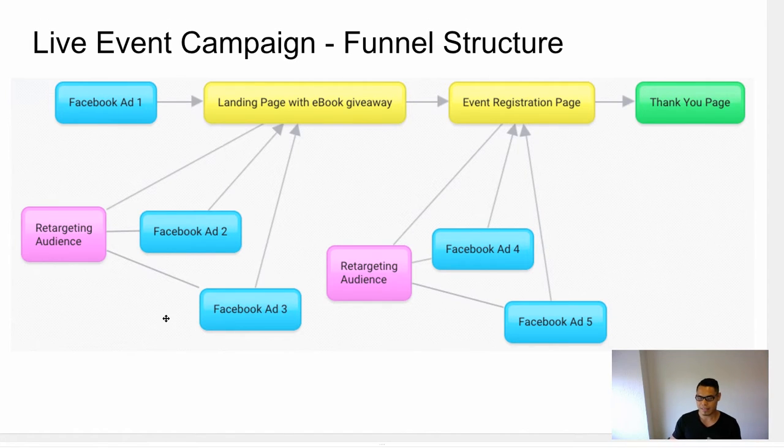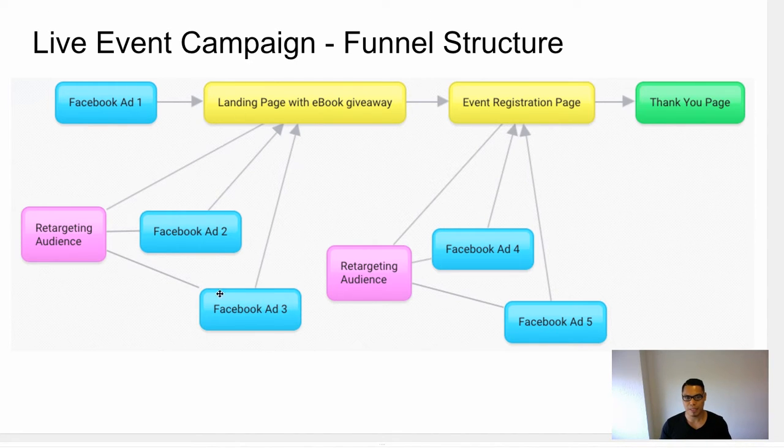Now, at this point, let's say, for example, that they already sign up and they already requested a copy of that ebook. So then they will be taken to the event registration page. And as soon as they are taken to the event registration page, they will stop seeing Facebook ad 1, 2, and 3.